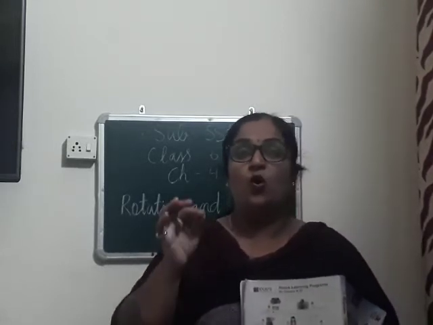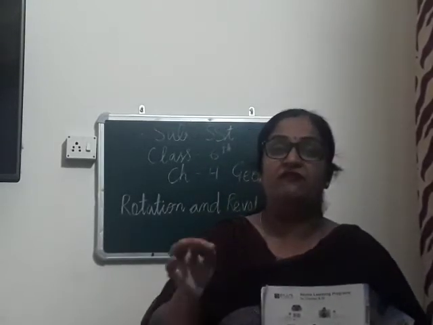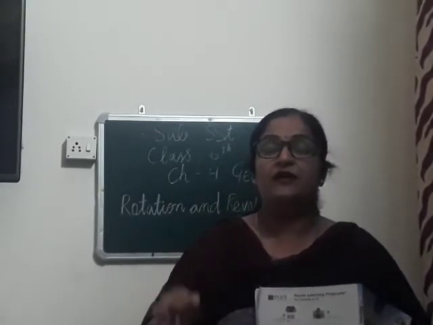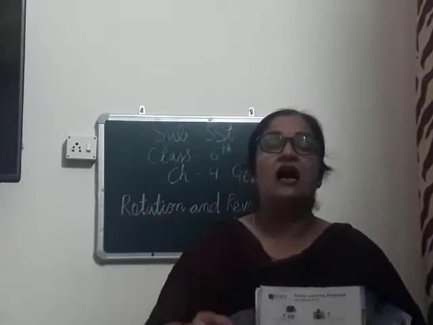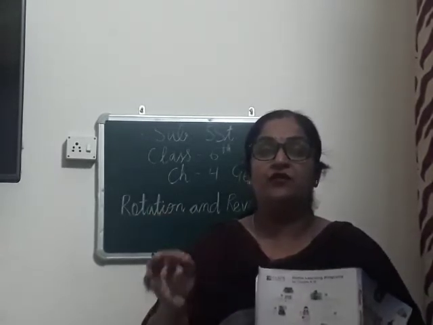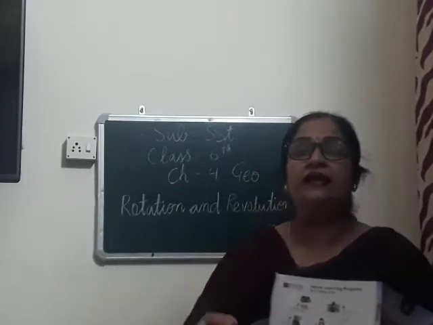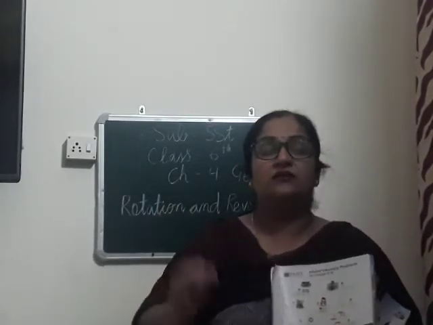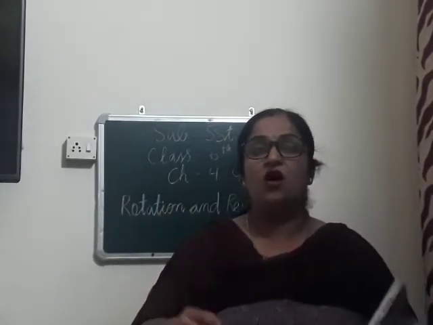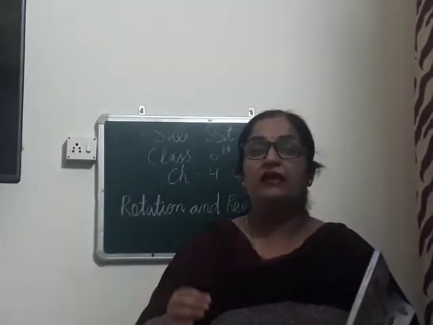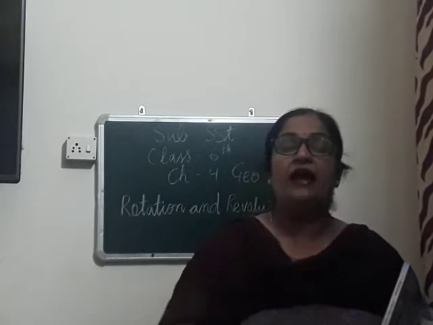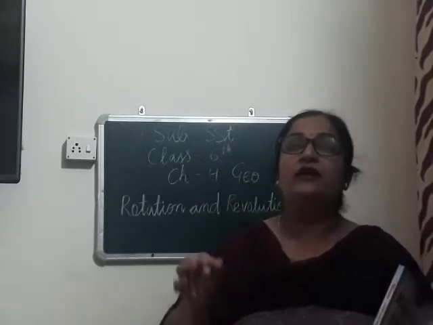Right. On March 21 and September 23, the day and night are of equal duration, and in Latin the term equinox means equal nights.